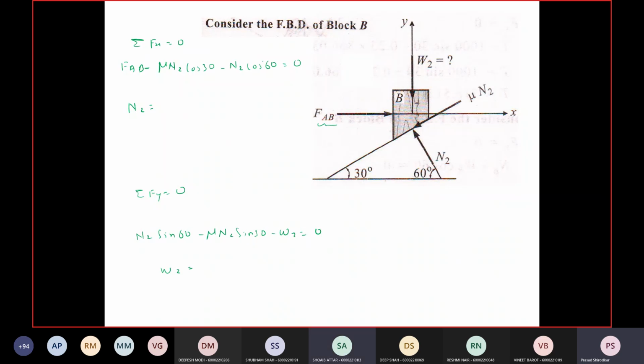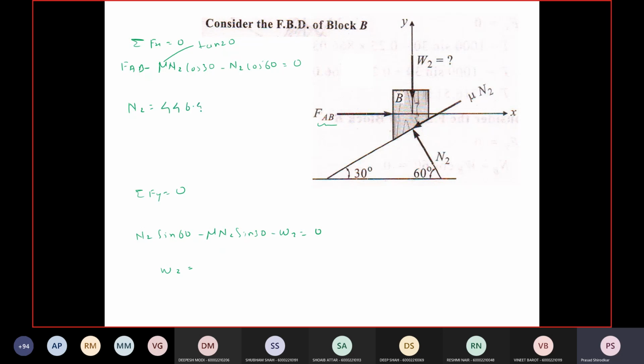So what is the value of mu? Mu is again tan 20. Mu is tan 20. N2 is 446.512, correct.